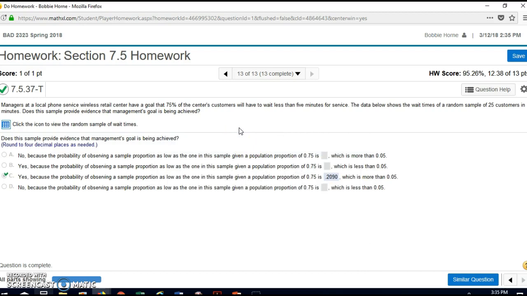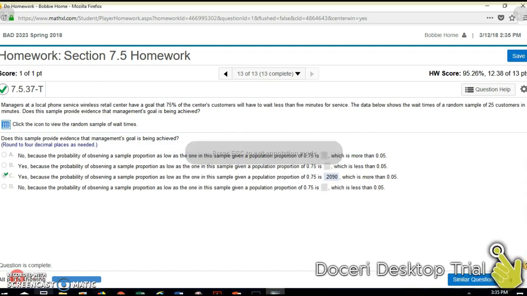I believe when I counted that, let me see if I can find it. 7.5, problem 13. I got all my pages mixed up here. Okay, 7.5, problem 13. When I counted them, there were 17 of them. That was 17 out of 25 that were less than 5 minutes.